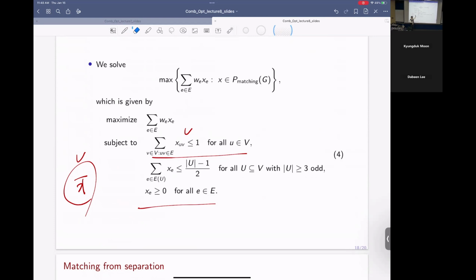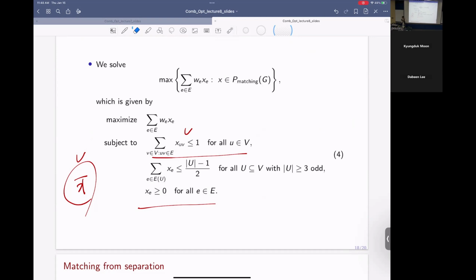You can just enumerate them one by one and check whether they are satisfied by this point x bar. But the question is, what about the odd set inequalities? Enumerating one by one takes exponential time because there are exponentially many such inequalities. So we need a different method.